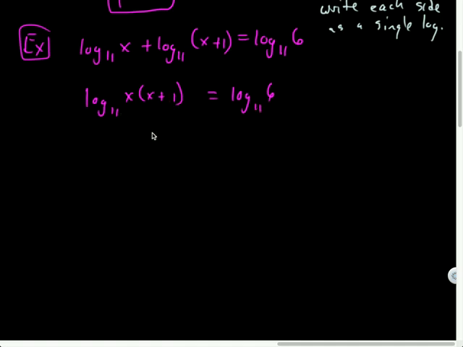The base is the same, so their insides must be the same. So x times x plus 1 is equal to 6. Now what should I do? x squared plus x equals 6. But it's already factored. Isn't it nice having it factored? No, because it's not equal to 0, unless you want to subtract 6.